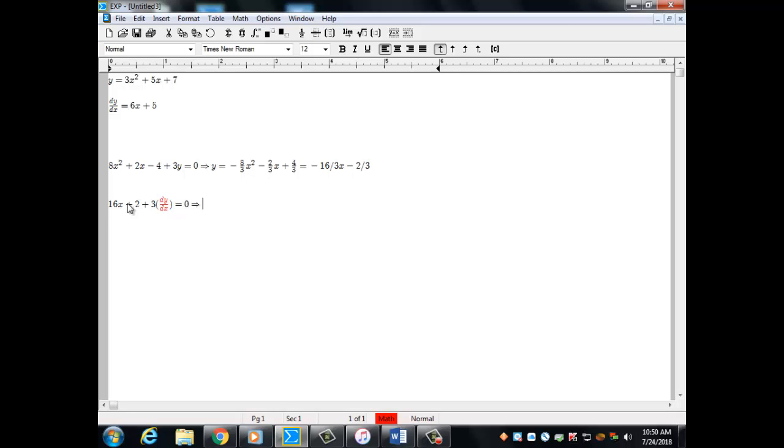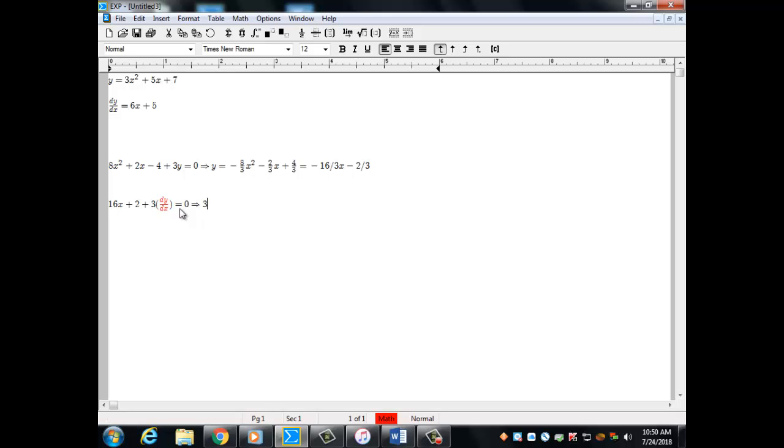All right, so subtract the 16x. So solving for dy/dx, you would get negative 16x.